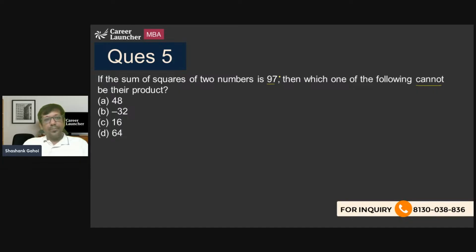So basically, this question is telling us the sum of the squares of two numbers, right? So I've got a square plus b square, and that is equal to 97. I am assuming the two numbers are a and b, and a square plus b square is equal to 97. Now, the problem here is the question never mentioned the numbers are integers.